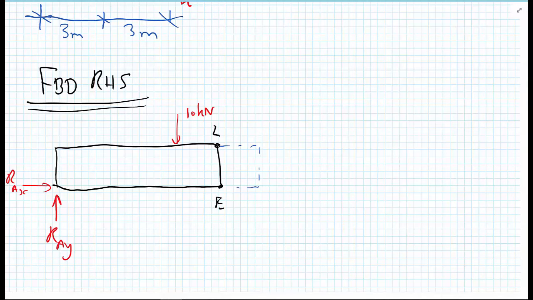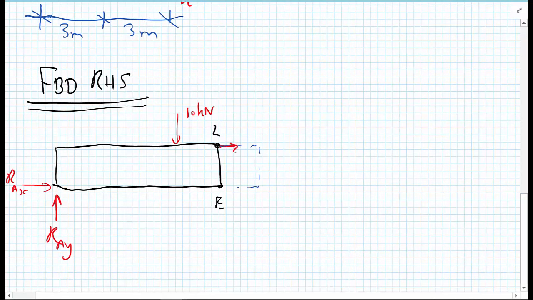But we can imagine now that we still have the force FLM. We have the force in this direction, which is FEM, and the force in this direction, which is FEF.